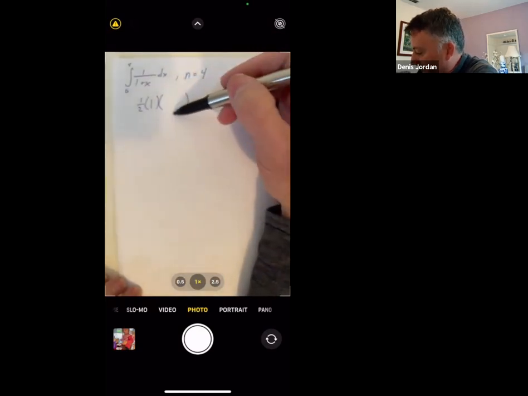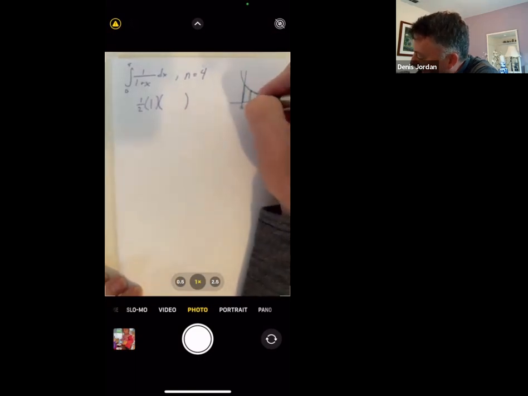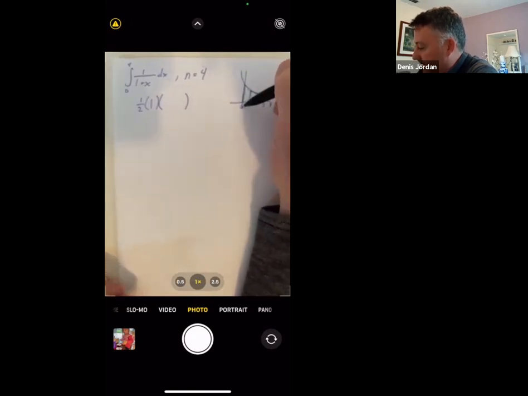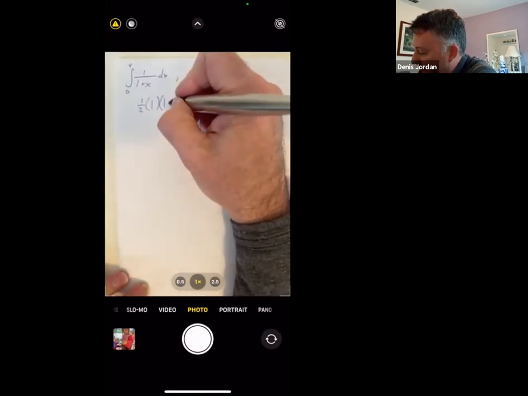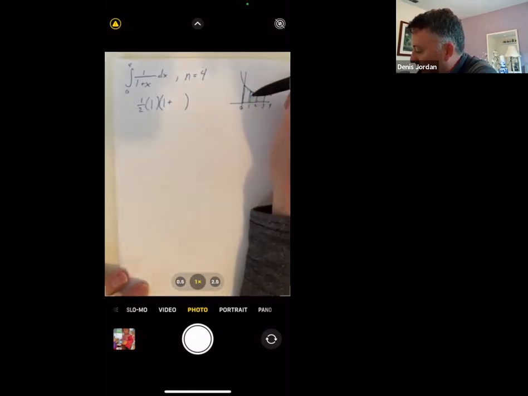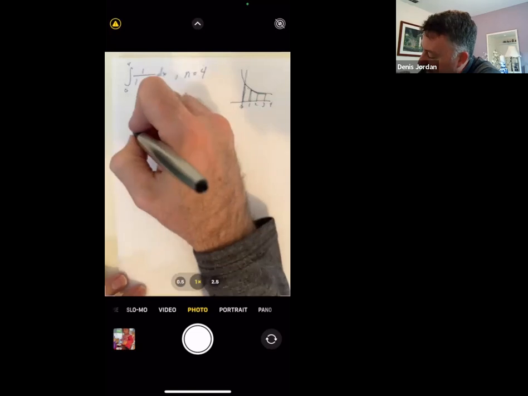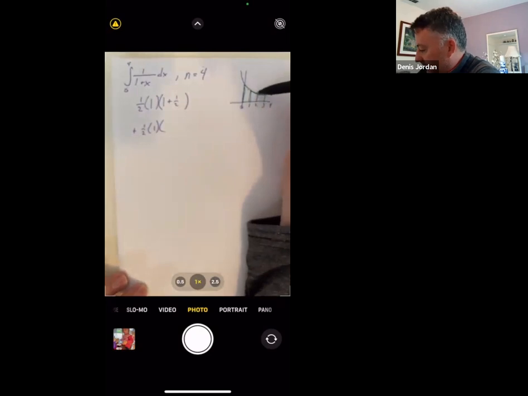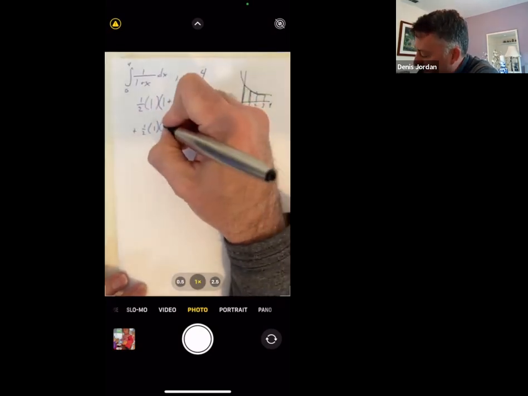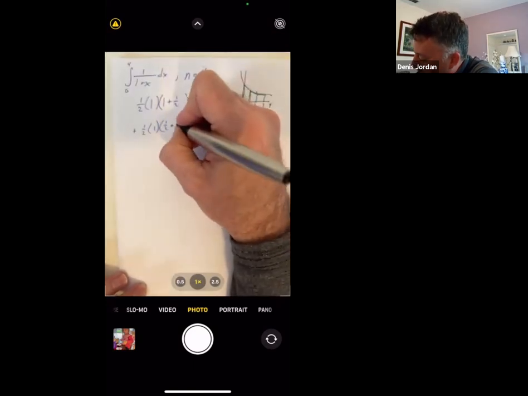So for your first trapezoid, when you say base 1 plus base 2, your first base is when x is 0. So you plug that into your function. So that'd be 1. When x is 1, you get a half. So your second trapezoid, x is 1 again, so it's that half, plus when x is 2, you get a third.